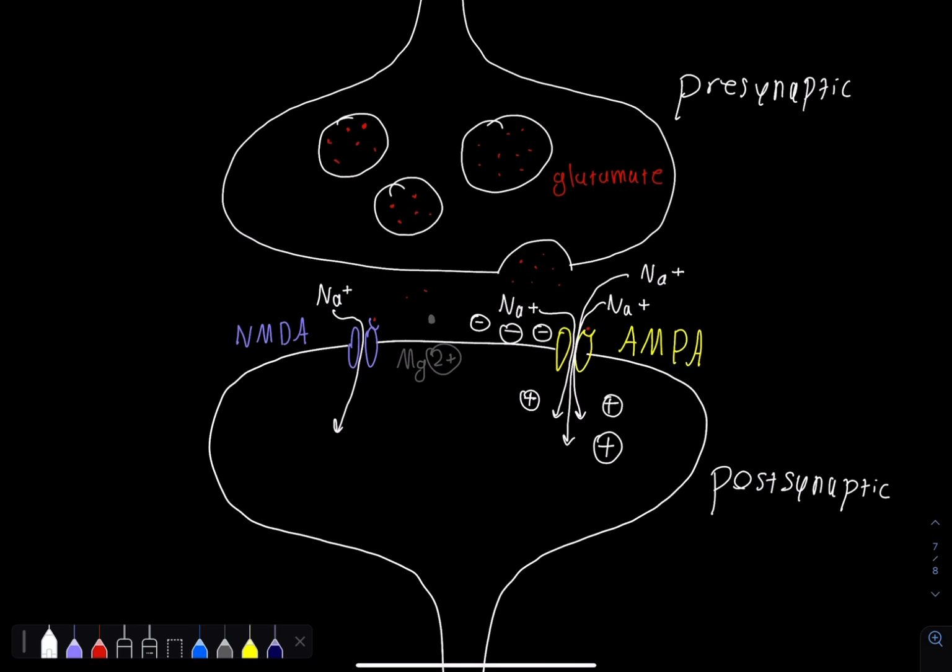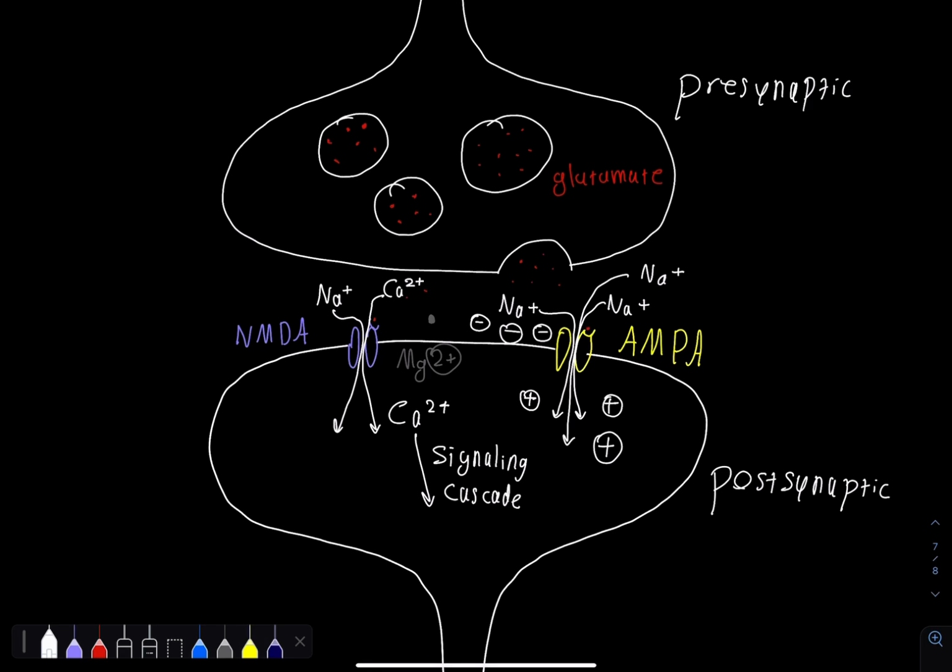However, it doesn't just let sodium flow into the cell, it also lets calcium flow in. And when calcium flows into the cell, this is important because calcium can act like a second messenger. Calcium is going to basically activate certain signaling cascades that are going to activate protein kinases and lead to a change in the gene expression of the cell.